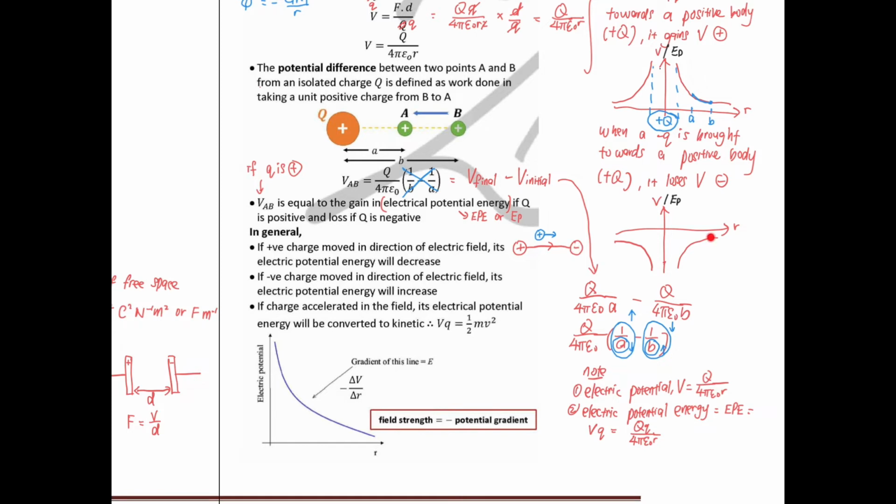If they attract, they will follow this graph, so its electric potential energy will decrease. You can put it this way also: imagine the negative charge is staying in the middle, and the positive charge is approaching it from the left hand side. So it will decrease in electric potential energy.